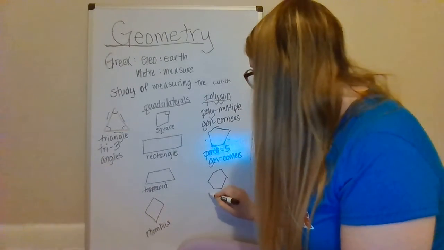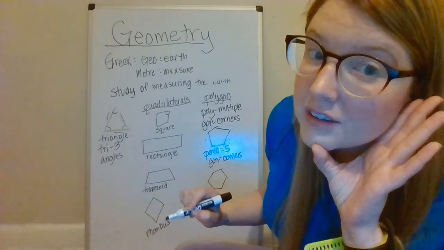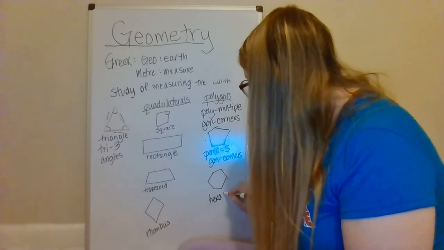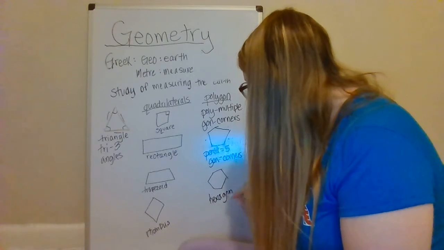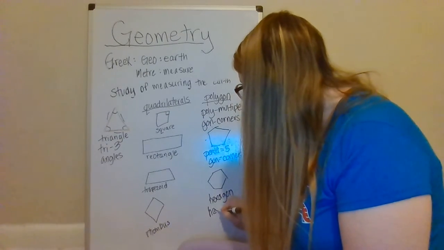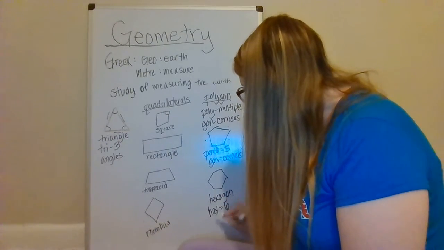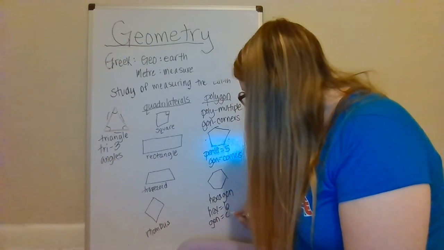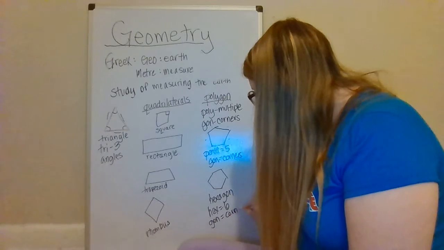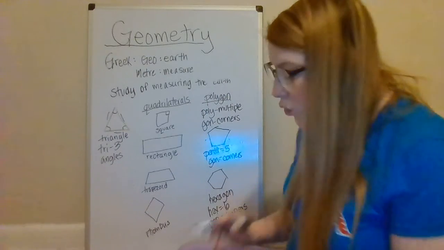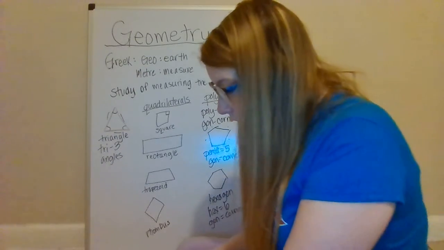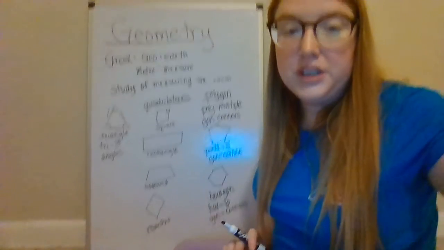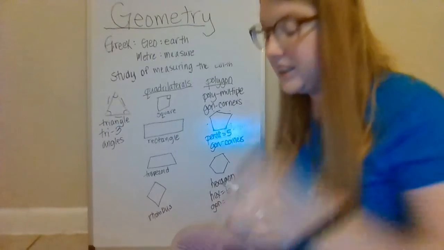So that makes it a hexagon. Hex meaning 6, gon meaning corners or angles. So these are the shapes that you're going to be learning in this lesson.